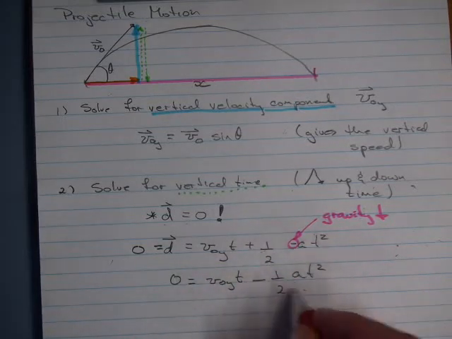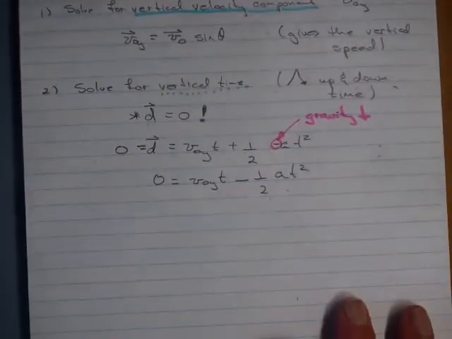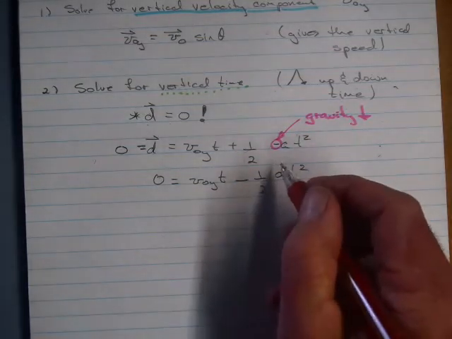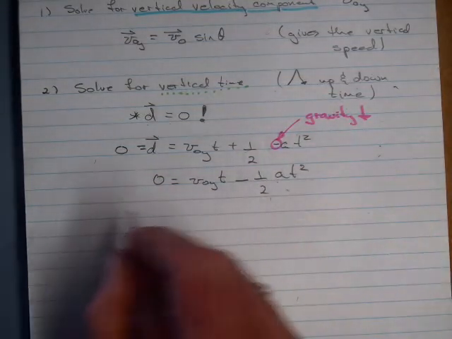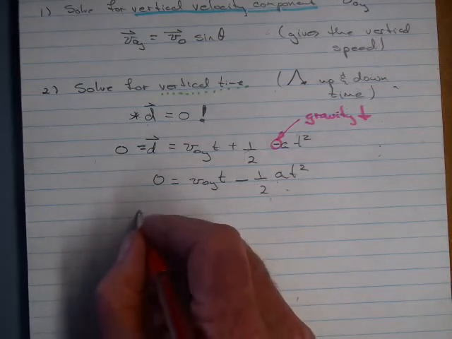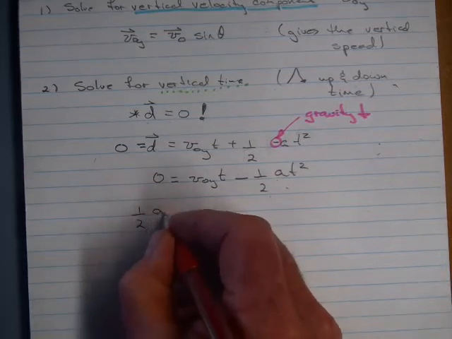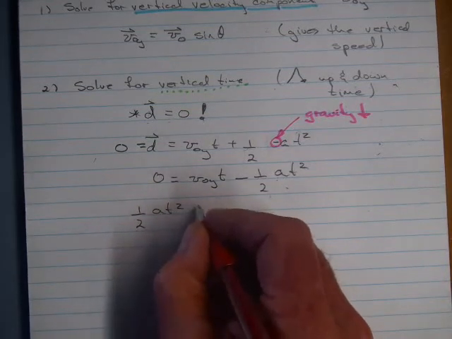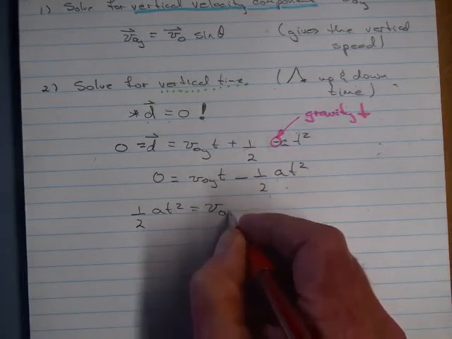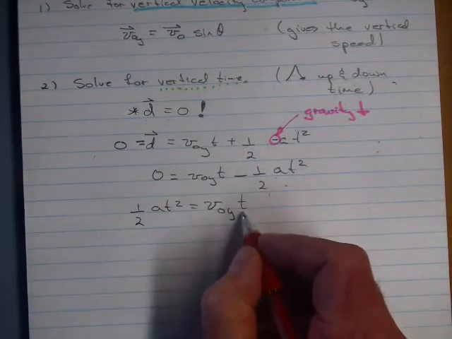If I add one half a t squared to both sides, that gets rid of it on this side and puts it only on the left-hand side. So this is now equal to one half a t squared. We're solving for time? Yep, and that's the beauty. We've only got one t term here.